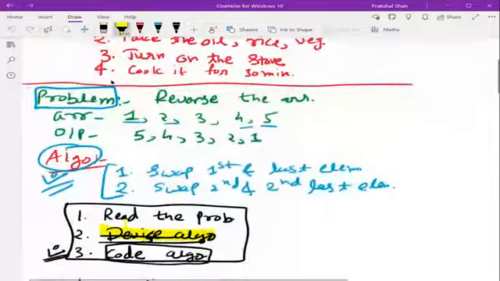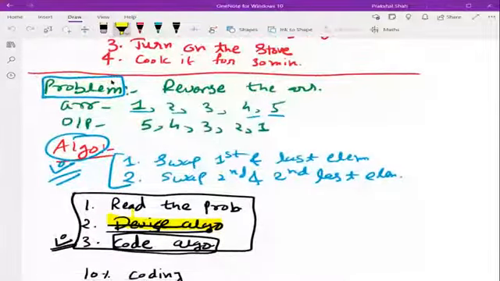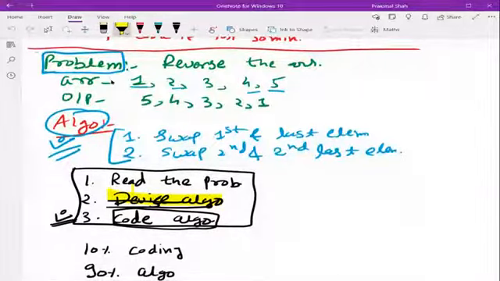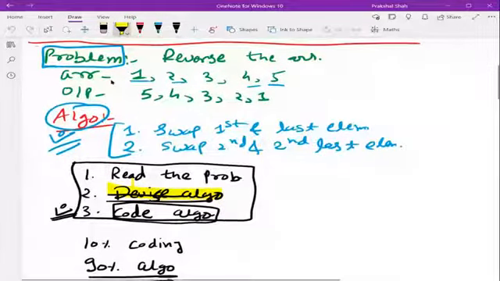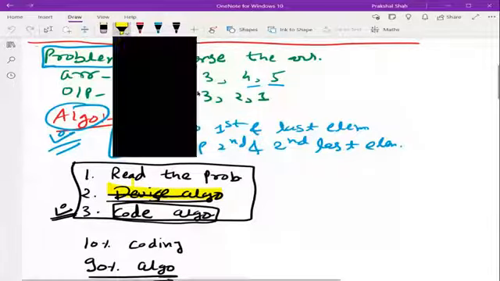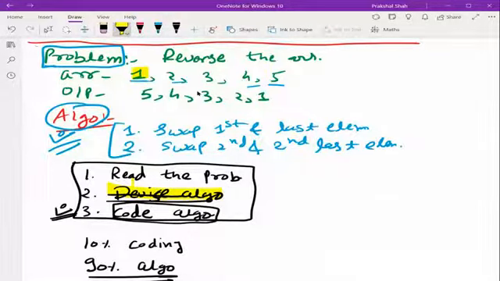Then we took an example of reversing an array. Suppose we have the array 1 2 3 4 5. Whatever is in the first element should be replaced with the last element, the second with the second last, and so on, while the middle one stays as it is.